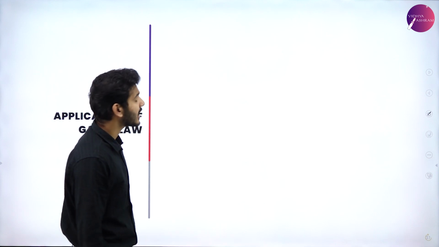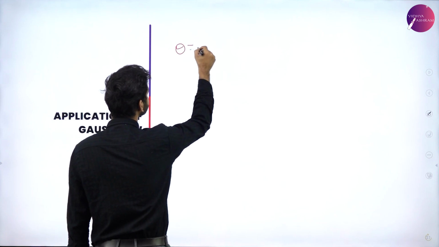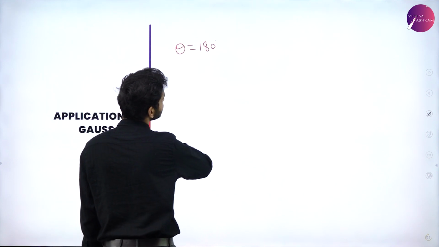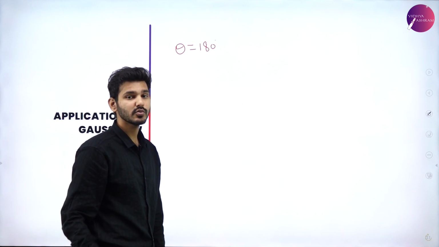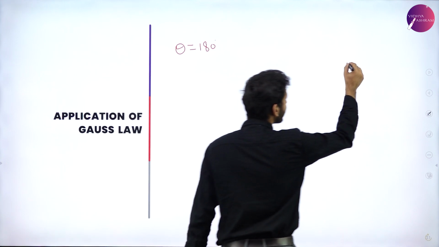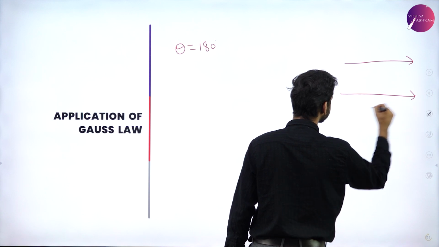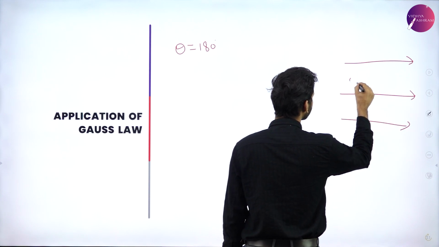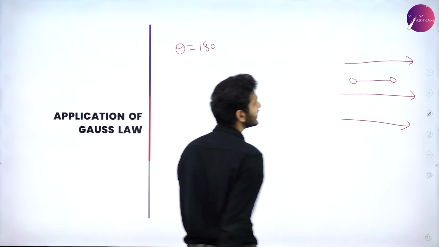And finally, what happens when theta is equal to 180 degrees? Again, we have the electric field like this, and the dipole is being kept in the electric field.